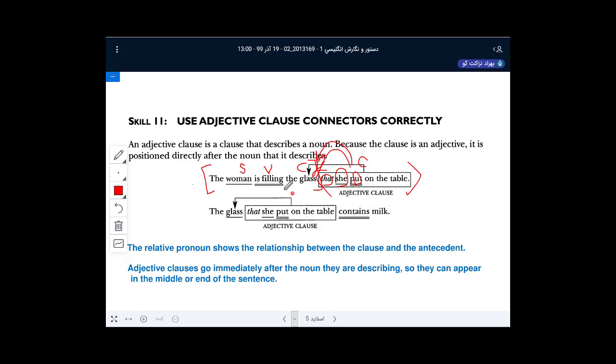The glass that she put on the table. So it gives information about the glass. So the relative pronoun shows the relationship between the clause and the antecedent. Antecedent is the noun. So this is the antecedent. Okay, the noun which this information refers to.